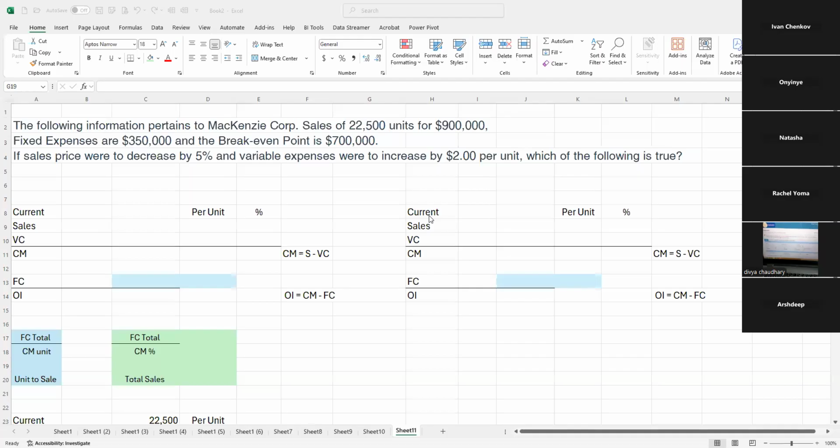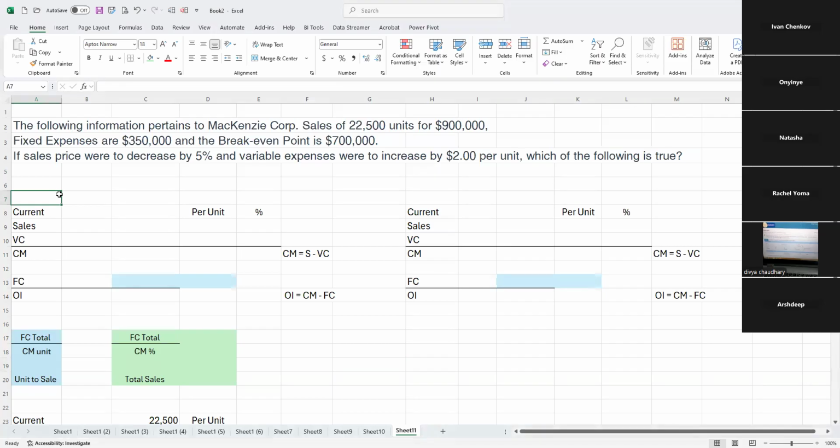And the last question for today. Can you guess yet? Yes, Professor. So now let's think about it. The following information pertains to McKinsey Corporation. They're selling 22,500 units for $900,000.